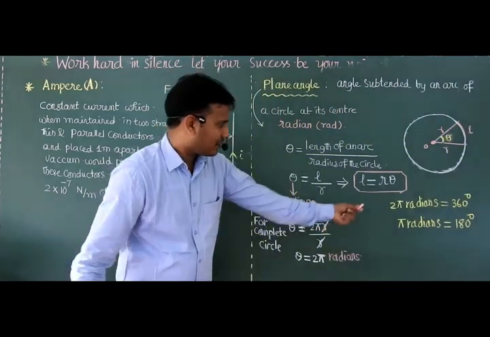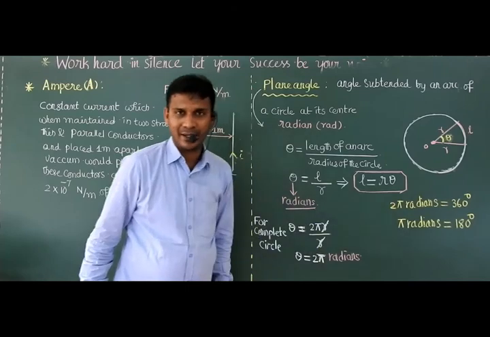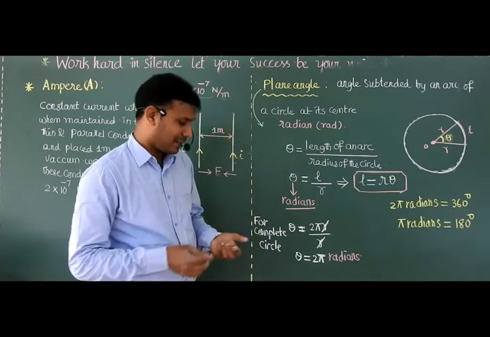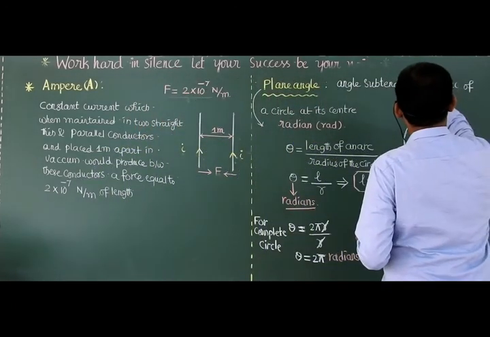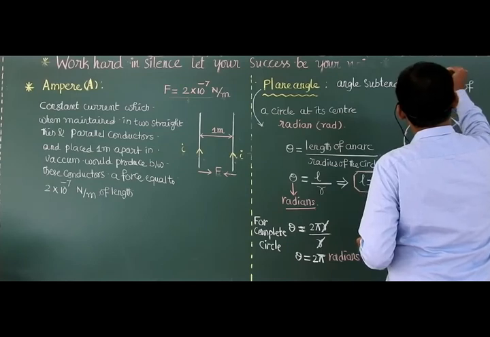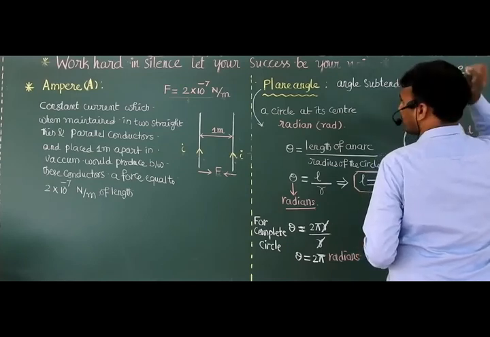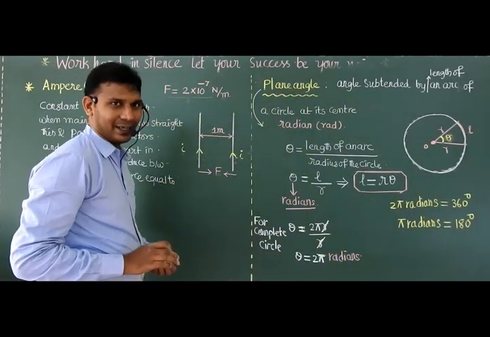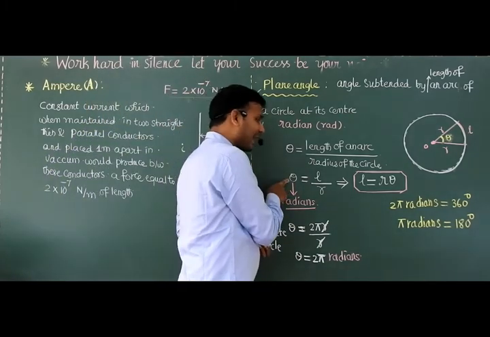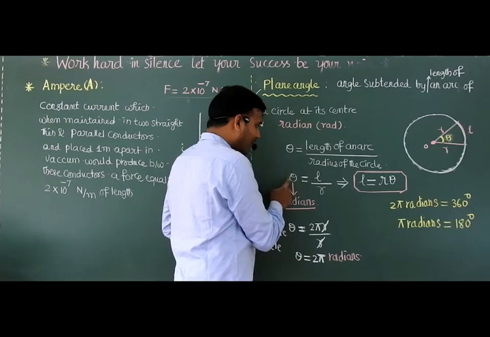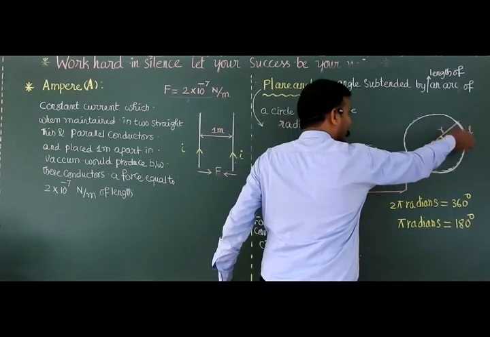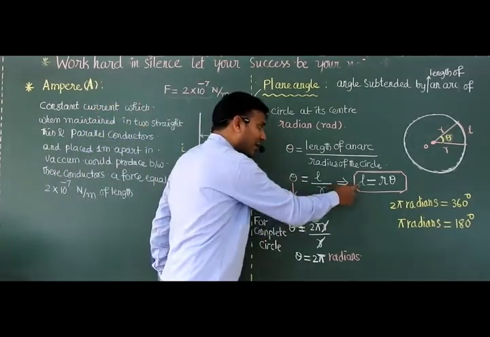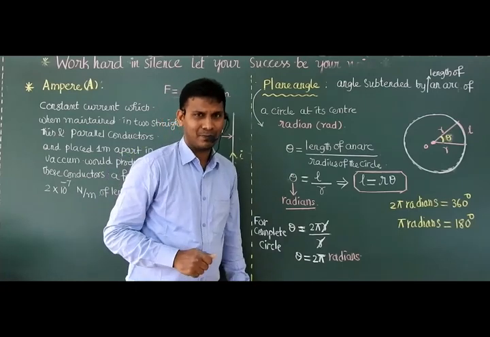Please remember these two conversions from radians to degrees. I hope it is clear. It is the angle subtended by length of an arc of a circle at its center, known as plane angle. If that plane angle is treated as a radian, then theta equals length of an arc by radius of the circle. L is equal to r theta. Please remember this formula, very important from the physics point of view.